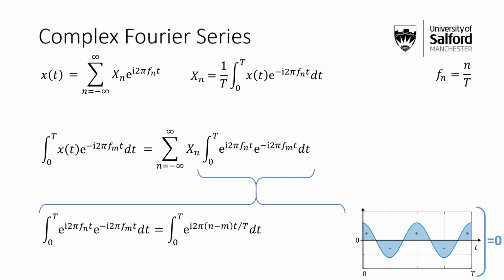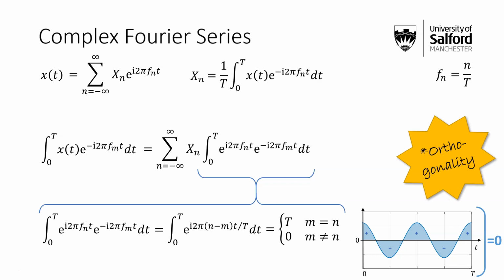Any time when m minus n is not equal to 0, that integral is going to equal nothing. So the only time you get anything is when they are 0, and e to the i 2 pi 0 is 1. Integrate that, you get T. So the result of this integral is just T if m equals n, and naught otherwise. And this is, again, another orthogonality relation, but rather than being for those sines and cosines, it's for this complex exponential.